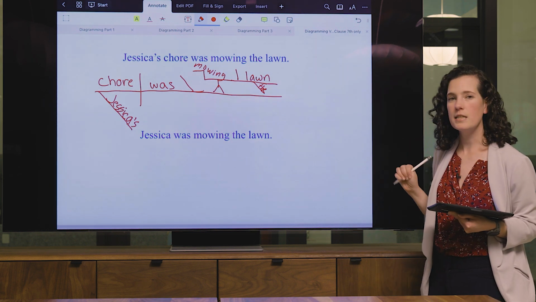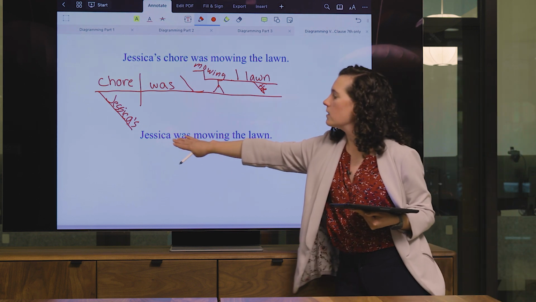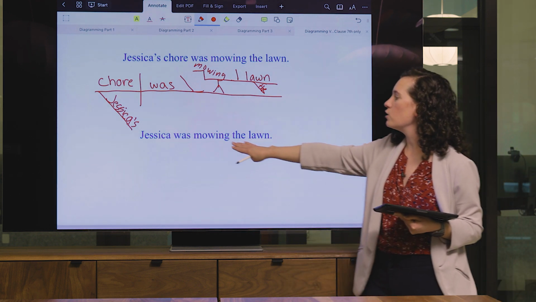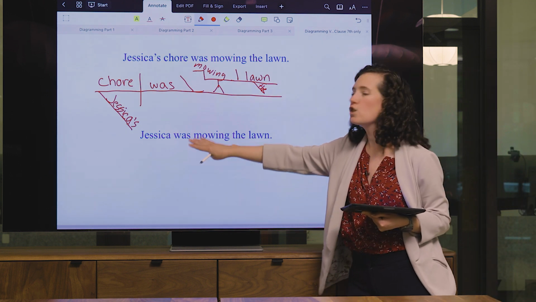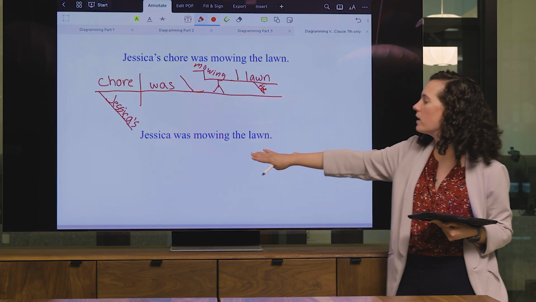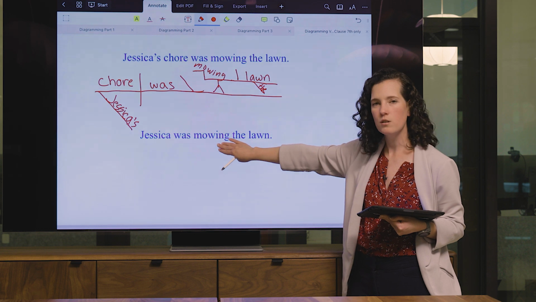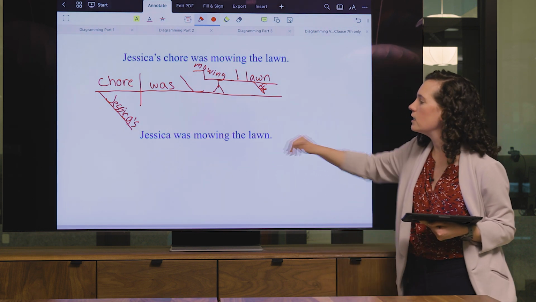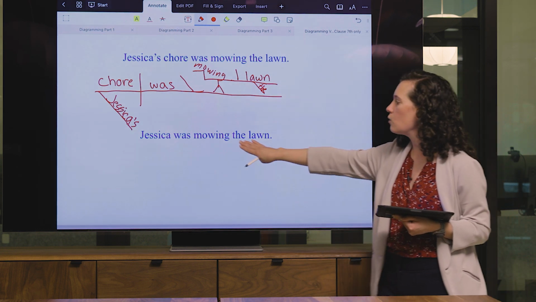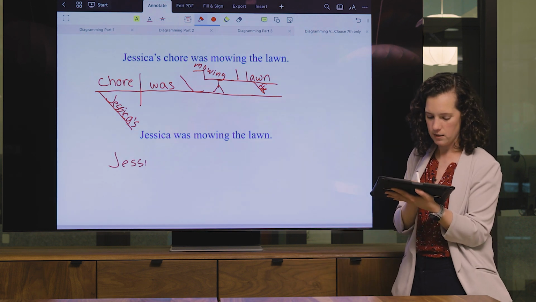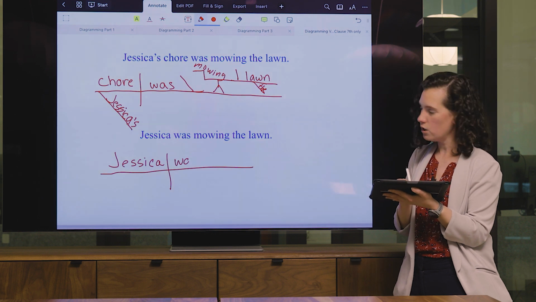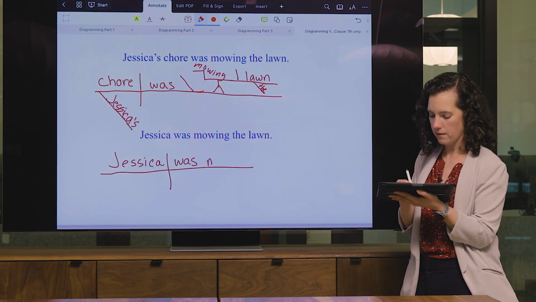In this sentence, it's very different. Jessica is our subject, and she was doing the action of mowing the lawn. Mowing and Jessica are not the same thing. Mowing is not being used as a noun here to rename Jessica. It is showing you what she's doing. So this is a regular verb. Jessica is our subject. And what was she doing? She was mowing.